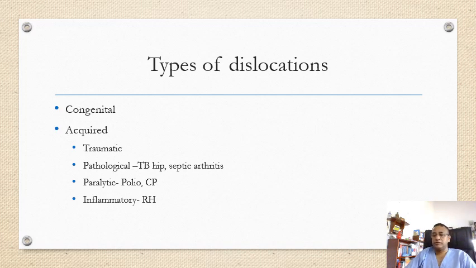If you have any form of paralysis, maybe polio, cerebral palsy, or CVA, which leads to laxity of the muscles and surrounding tissues, the joint gets dislocated. Finally, inflammatory conditions such as rheumatoid arthritis disrupt the joint capsule, so the joint gets dislocated. Now you can see there are two types, congenital and acquired. And acquired can be traumatic, pathological, paralytic or inflammatory.